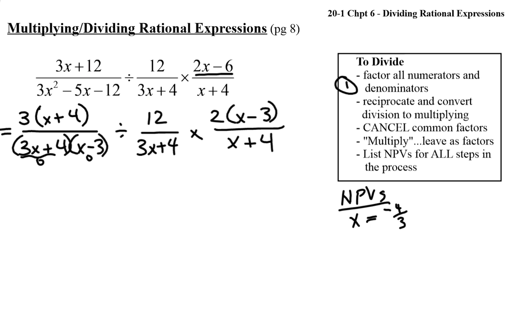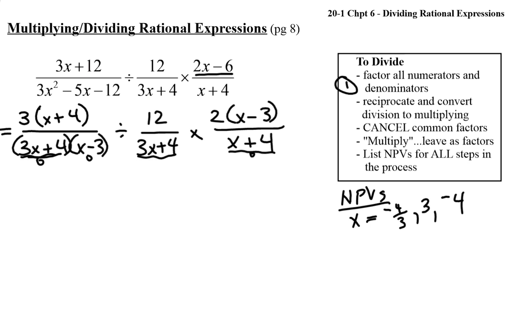If x minus 3 equals 0, that's because x equaled 3. 3x plus 4, well, we've already done that once, so we have the negative 4/3. x plus 4 equals 0 if x equals negative 4.